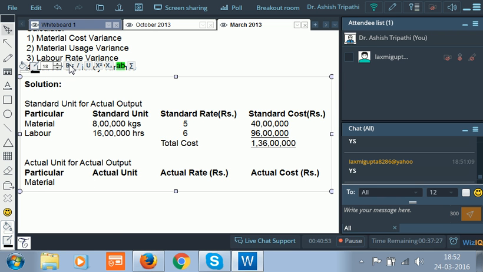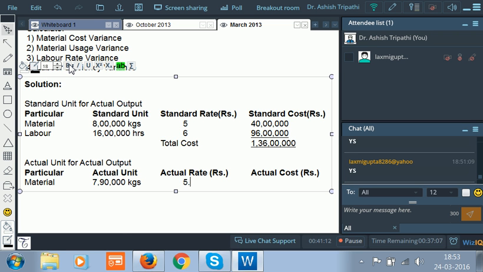Material, actual it is how much? Material 7,90,000 kg. If you see the question, you will get the information from there. 7,90,000 kgs.